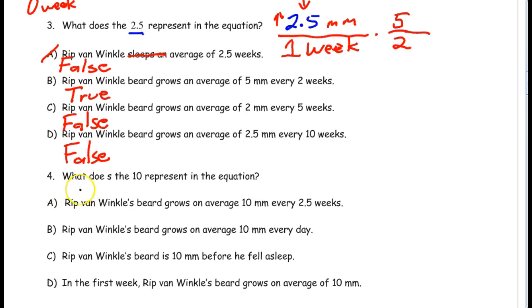So at the beginning, he started keeping track at 10 millimeters. Not that it started at 10 millimeters, because it has to start at 0, but that's when he started keeping track.